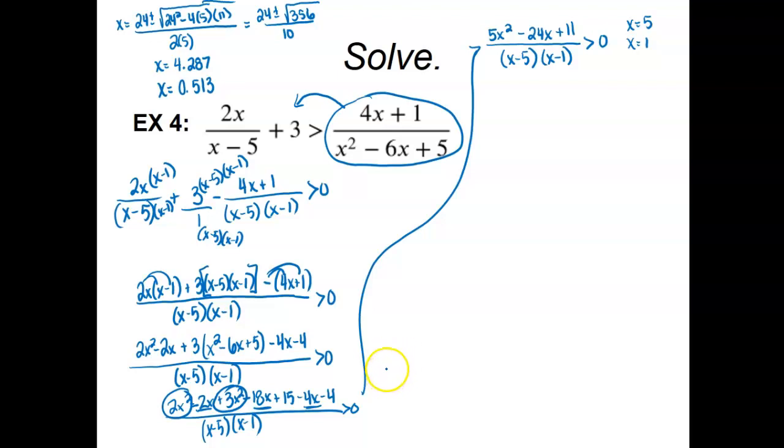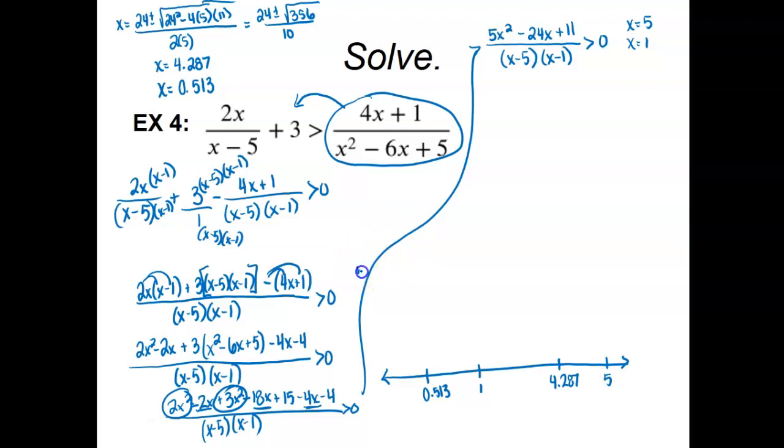So when we make our chart here, we're going to have, let's see, our lowest value is 0.513, and then we've got 1, and then we have 4.287, and then 5 here. So we've got lots of values for this one.